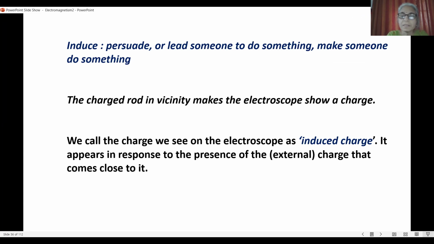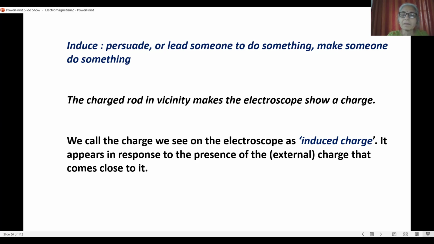We saw that in the case of magnetism, when you bring a piece of iron close to a powerful magnet, the piece of iron behaves like a magnet. As long as it is close to the magnet, it acts as an induced magnet.